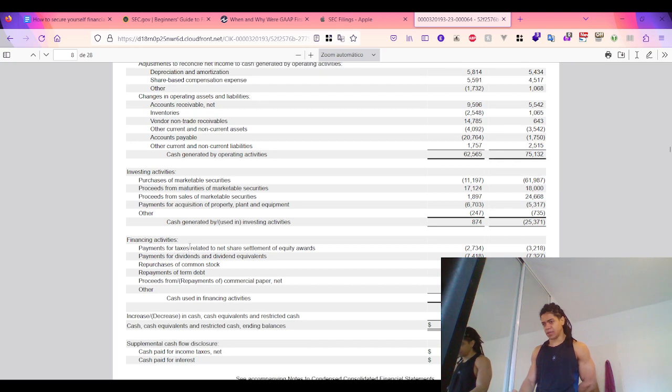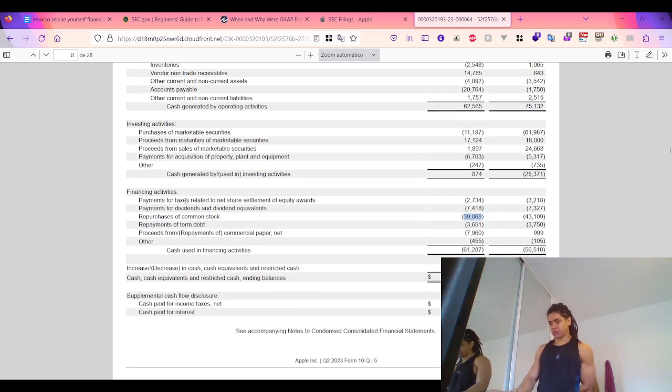Financing activities: payment for tax related to net share settlement, payment for dividends and dividend equivalents, repurchased common stocks, repayment of term debt, proceeds from repayments of commercial paper, net.